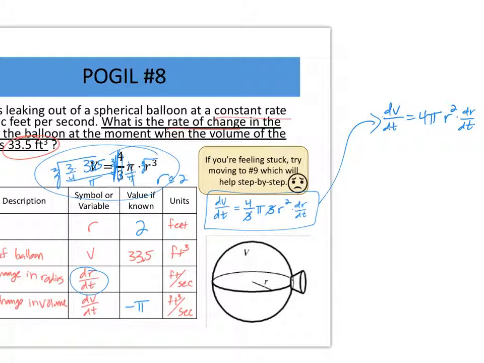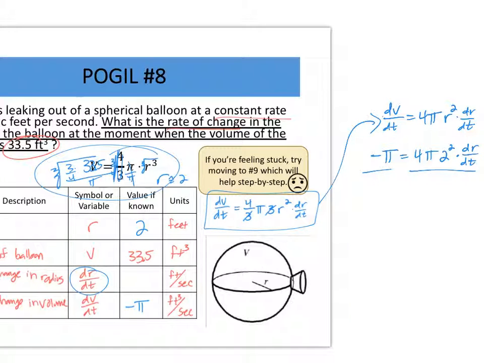dV/dt from my table is negative pi. 4 is 4, pi is pi, r is 2, so it's going to be 2 squared, and dr/dt is the thing that I'm looking for. Now it looks like it's just actually solving for dr/dt, which is just going to be a big division problem.